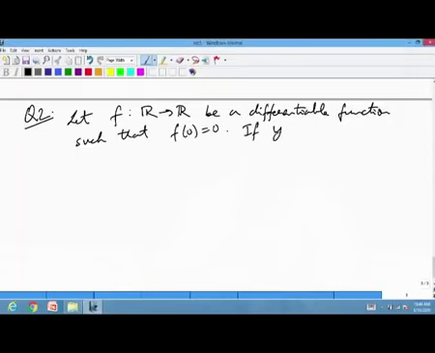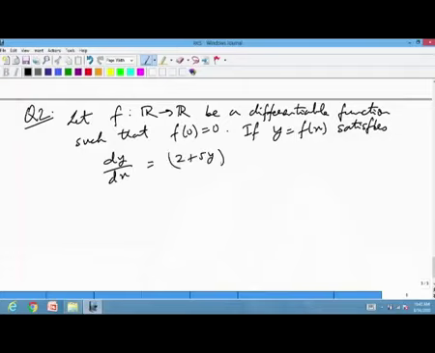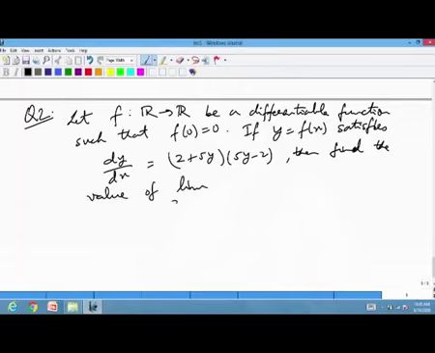If y equal to f x satisfies dy dx equal to 2 plus 5 y times 5 y minus 2, then find the value of limit x approaching negative infinity of f of x.